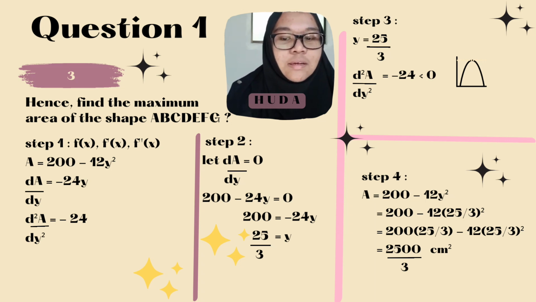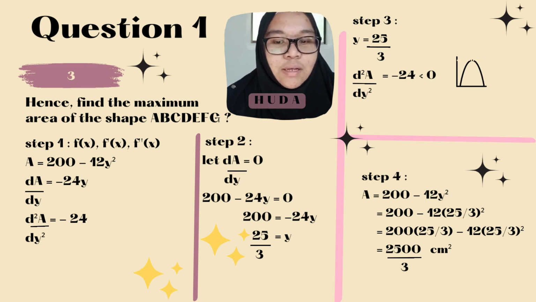And then the third step, which is to find the maximum area, we substitute y equal to 25 divided by 3, and d squared A divided by dy squared is equal to negative 24, less than 0, and it will become the maximum value. And the last step for this question is step 4.